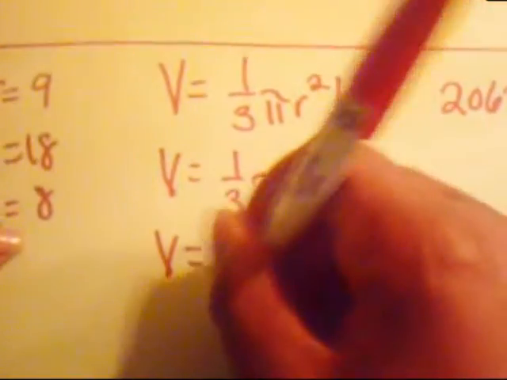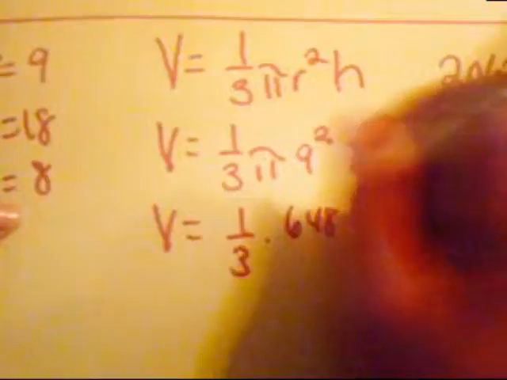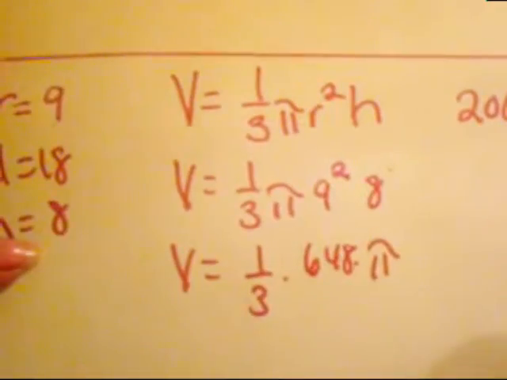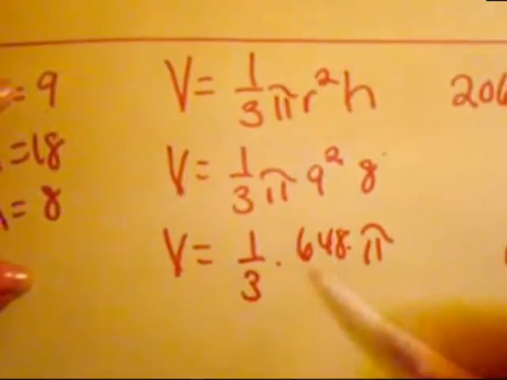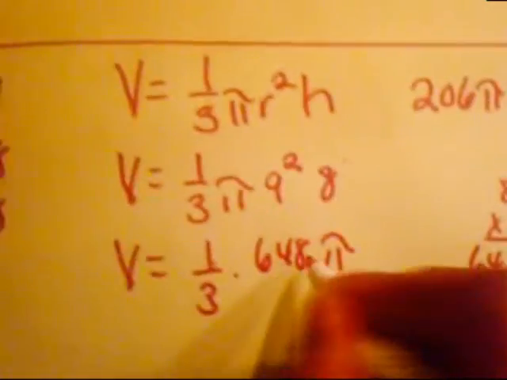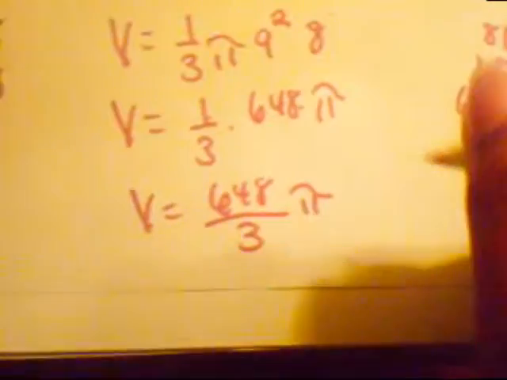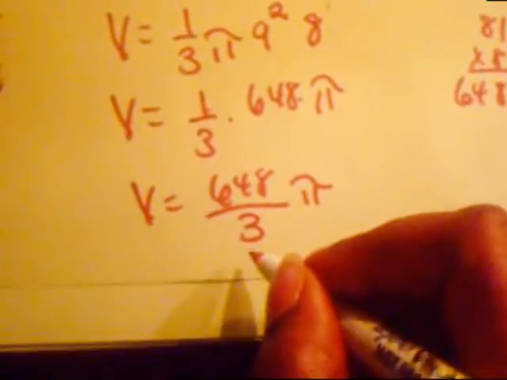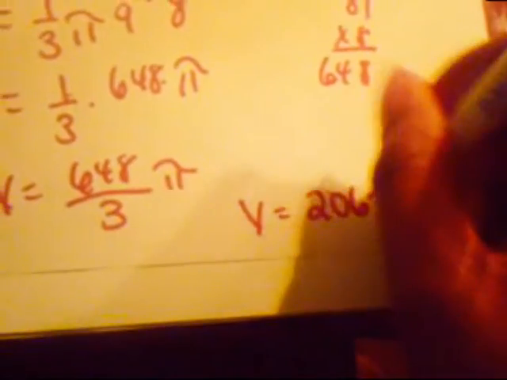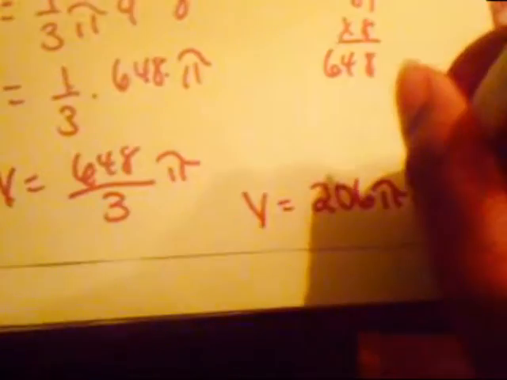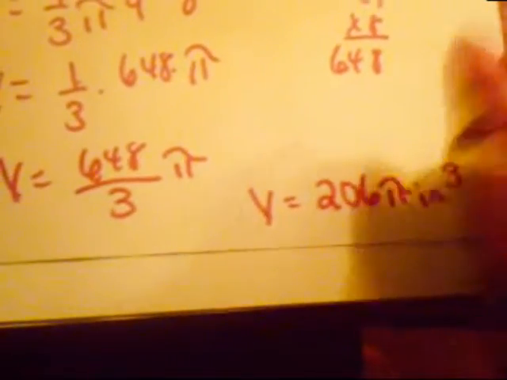So it's 1/3 times 648 times pi. Okay? Guys, how do you take 1/3 of 648? Well, if you multiply straight across, 1 times 648 is 648. And then you're supposed to divide by 3, and you still have pi. When you divide 648 by 3, you get 216. Don't forget your pi. We use the measurement of inches, and it is raised to the 3rd power.